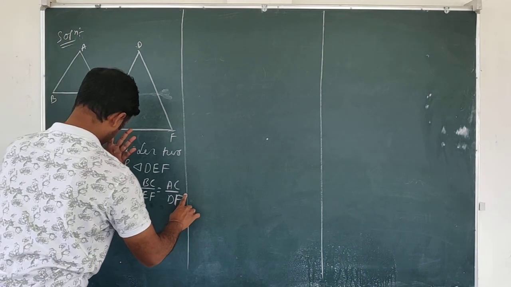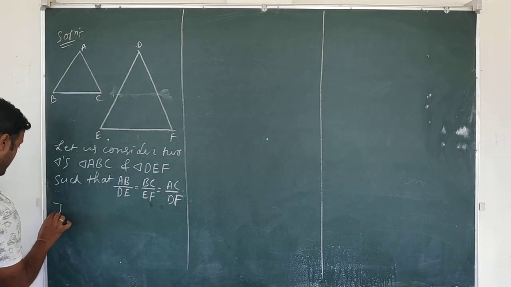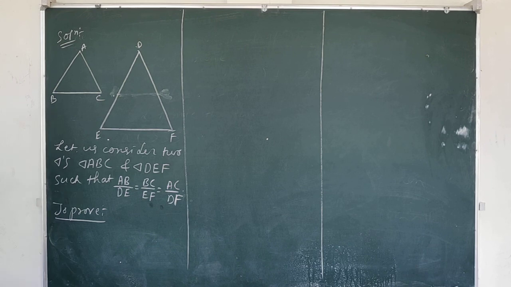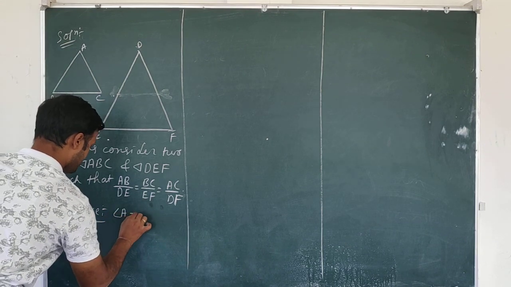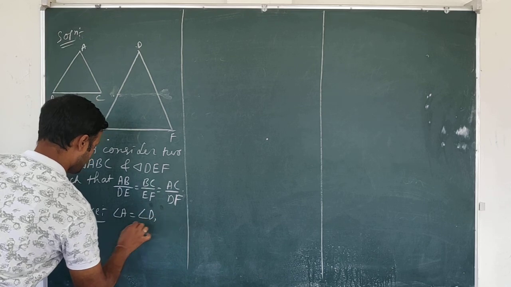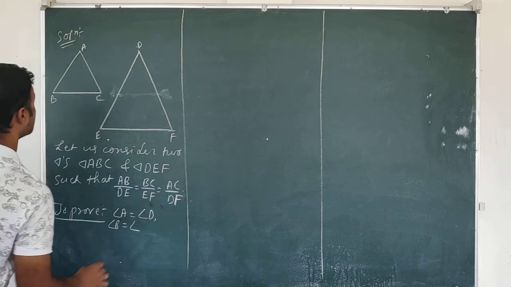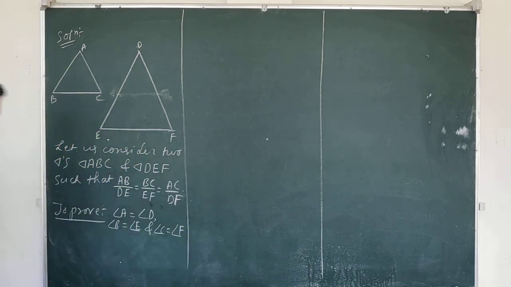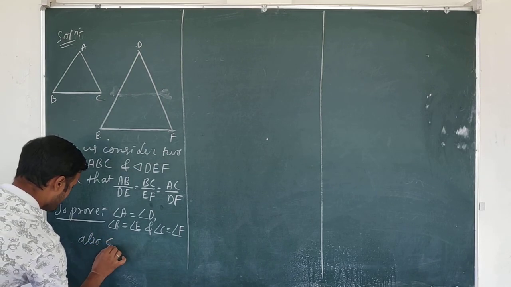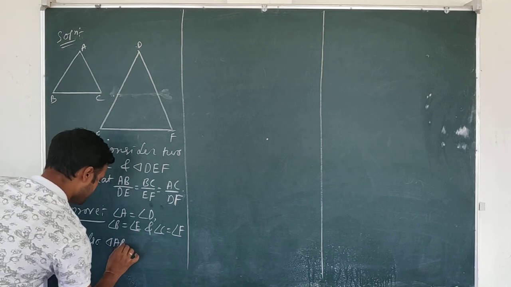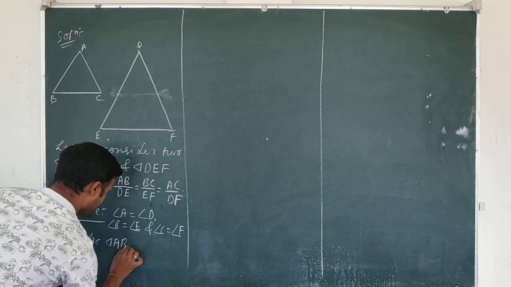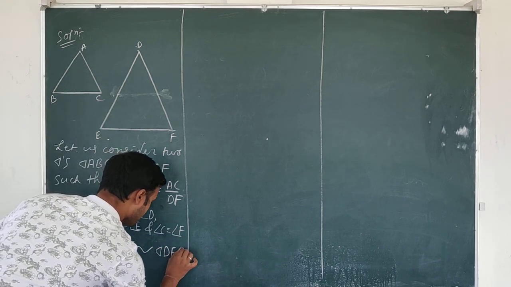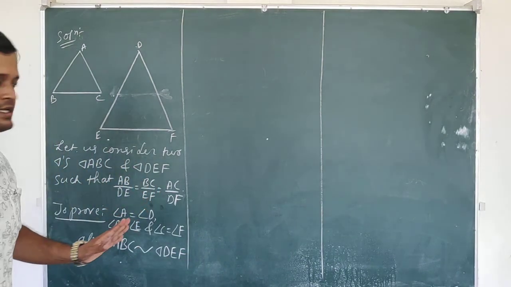So we have to prove that angle A is equal to angle D, angle B is equal to angle E, and angle C is equal to angle F. Also, triangle ABC is similar to triangle DEF. For proving this, we will need a construction, students.